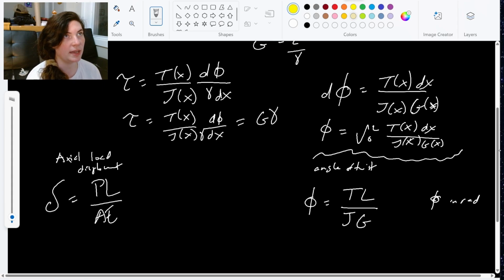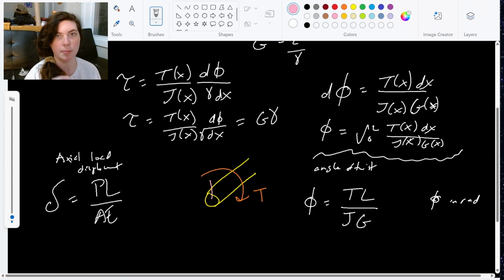And it kind of makes sense, right? When we're looking at some rod that's subjected to a torque, some rod that's being twisted, it's initially sitting at this position straight up, and then as it's twisted, it goes through this movement to make this angle phi.